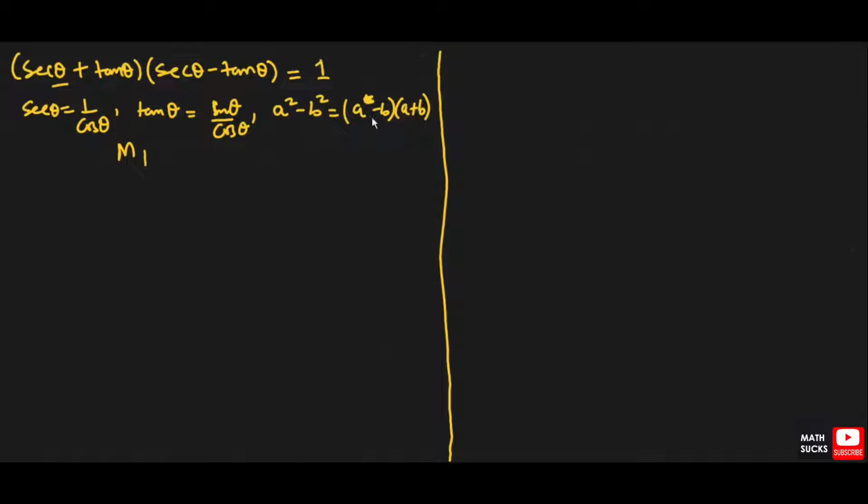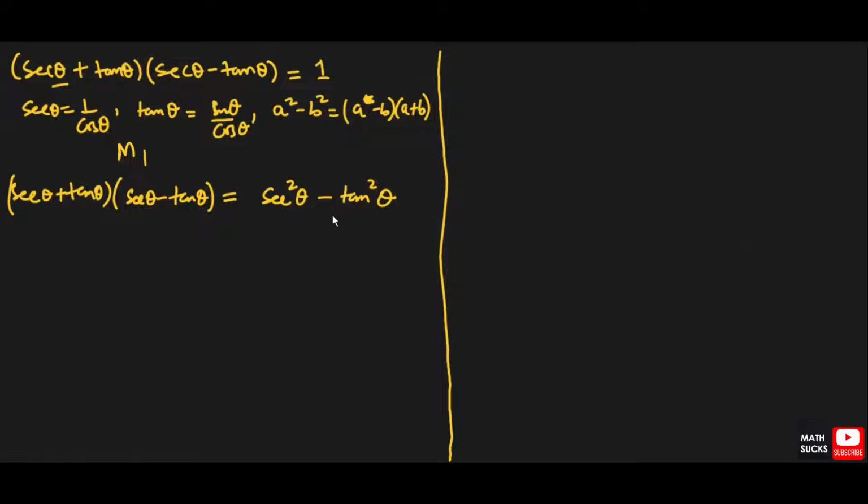So sec of theta plus tan of theta into sec of theta minus tan of theta is equal to sec squared theta minus tan squared theta. This is what you have by making use of the difference of two squares.